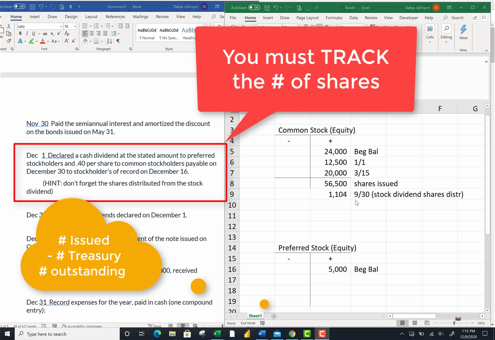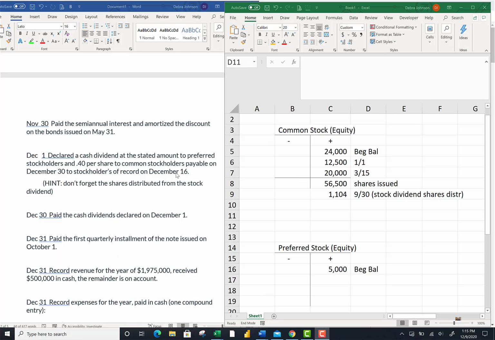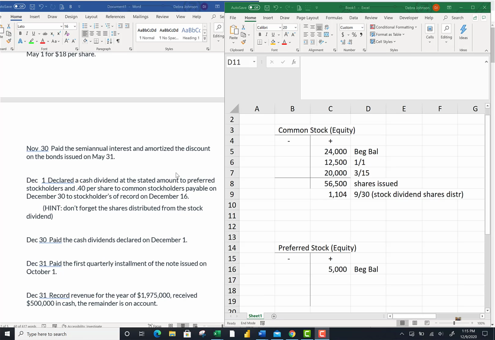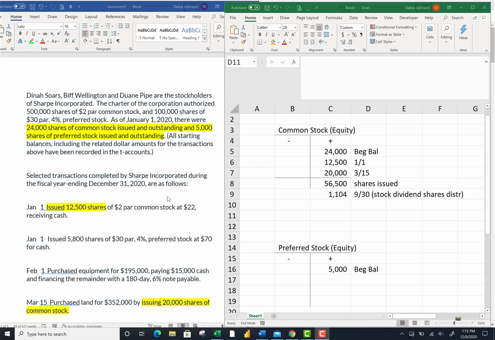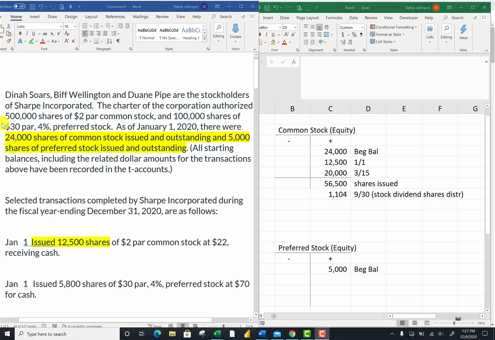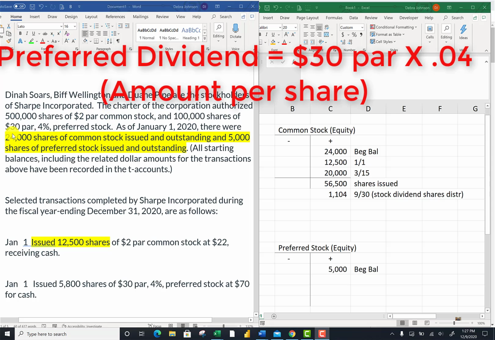For preferred stock, the same thing holds true. Don't forget that the dividend rate for the preferred stock was shown at the very beginning of the problem. Let me scroll back to that now to give you a further hint. As noted at the beginning of the problem, the preferred stock has a 4% dividend preference.